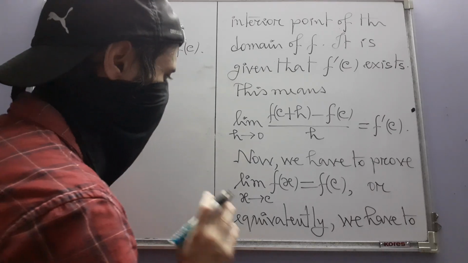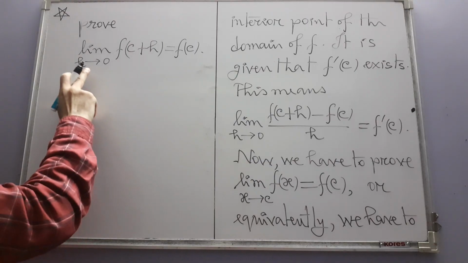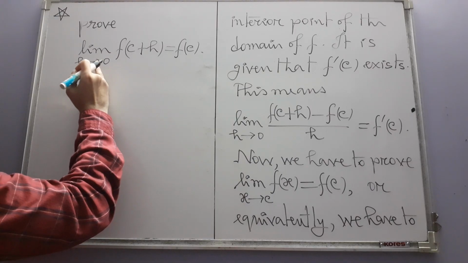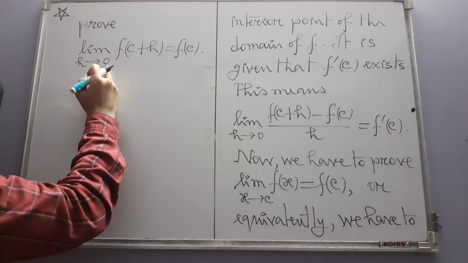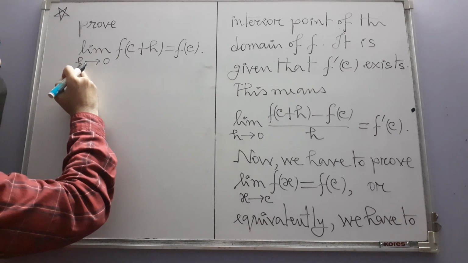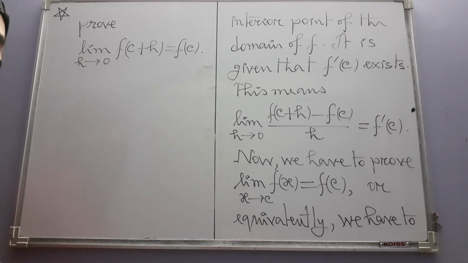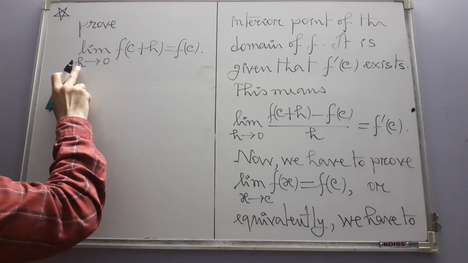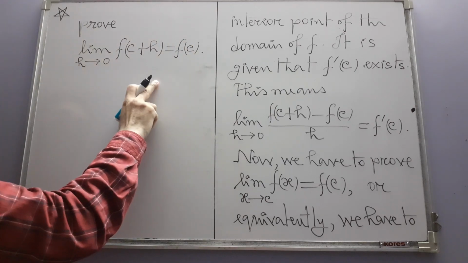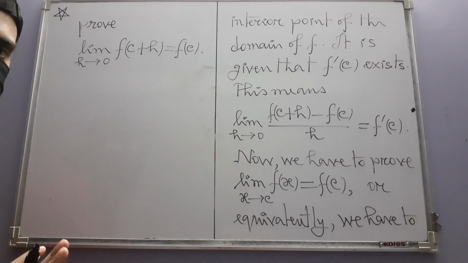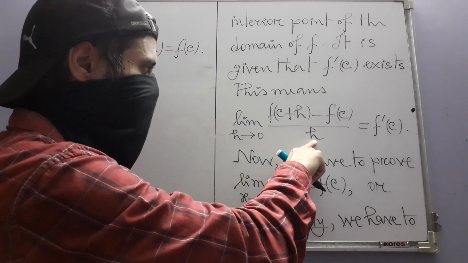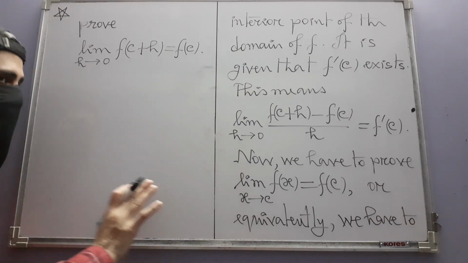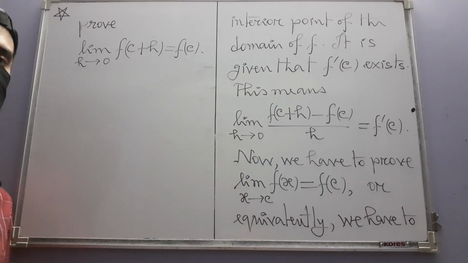And whenever we are talking about a limit like this, we already know from the definition of limit that the point towards which the independent variable goes, it never takes that point itself as its value. So what that means here in particular is that in this limit, h is not equal to 0.